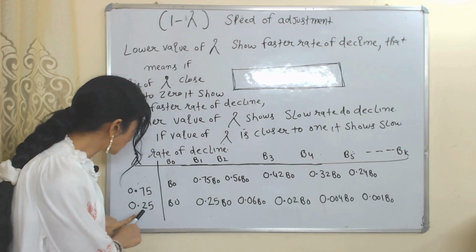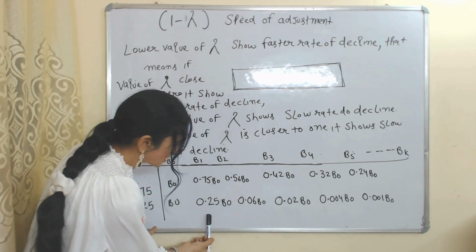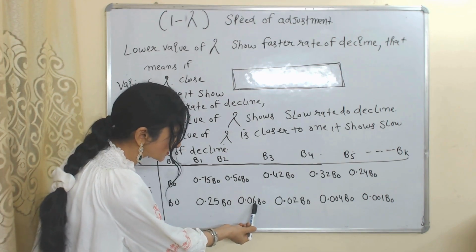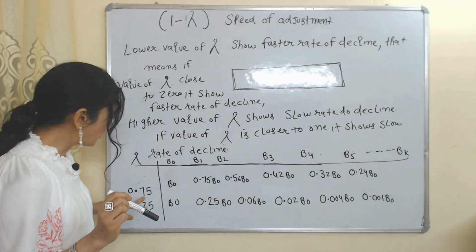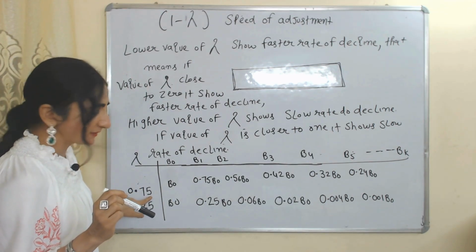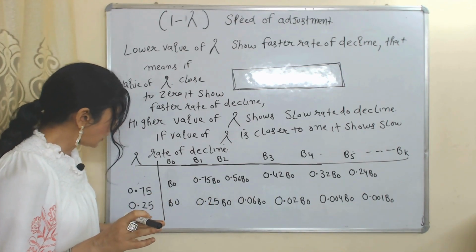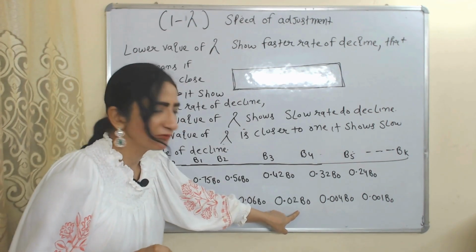But when the value is close to 0, the rate of decline is much faster. Here you can see the rate of decline is very fast: 0.25, 0.06, and so on. So we can say that when the value of lambda is close to 1, the rate of decline is slow, but when it is close to 0, the rate of decline is very fast.